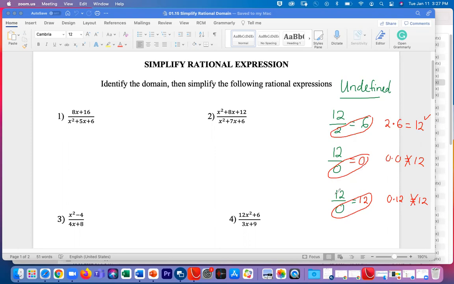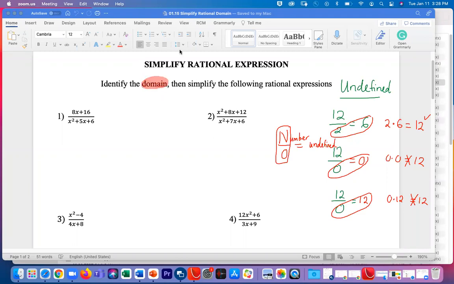Any number in the world divided by 0 is not a good thing, because it will be undefined, okay?